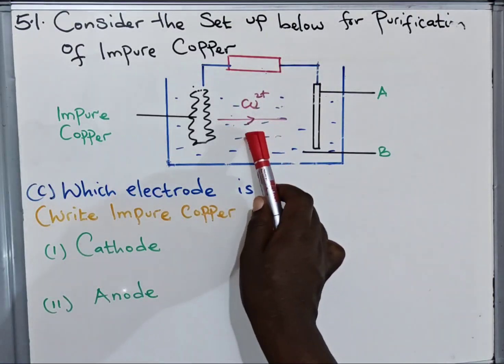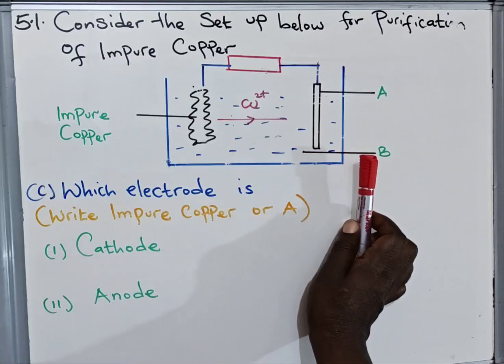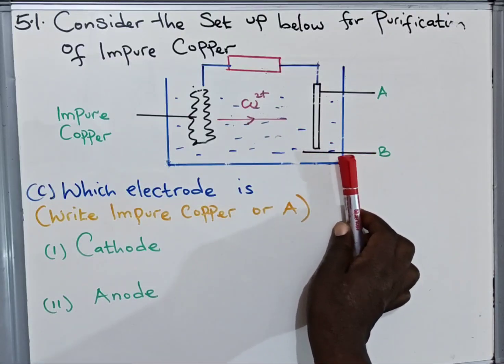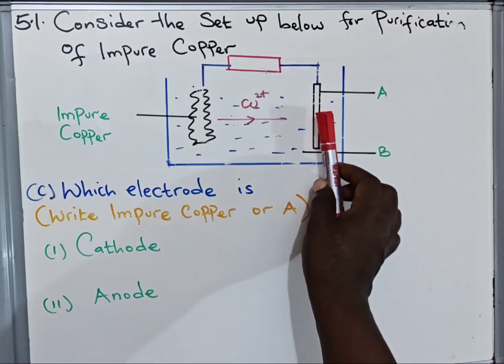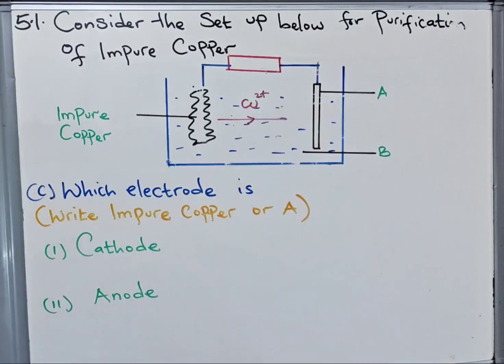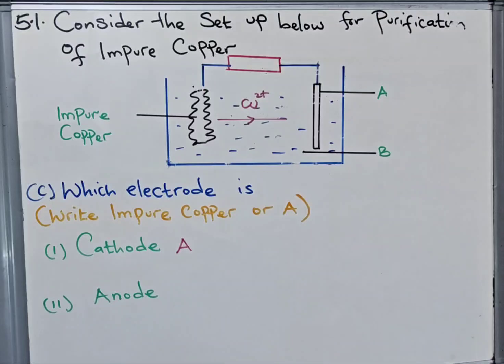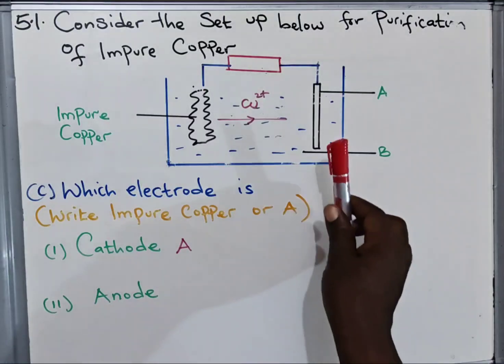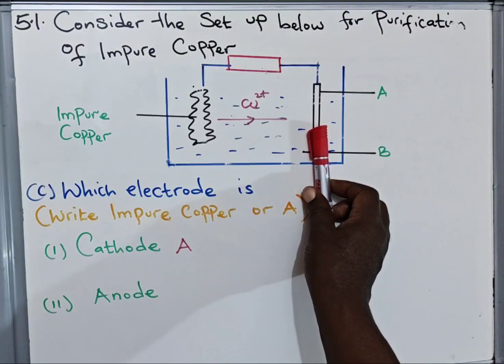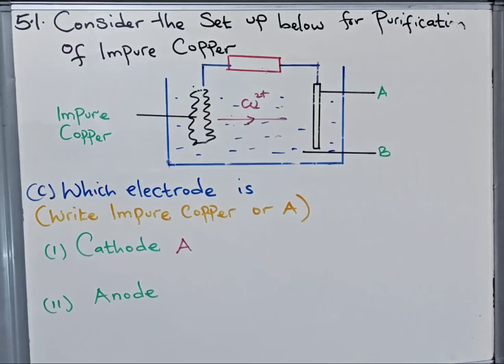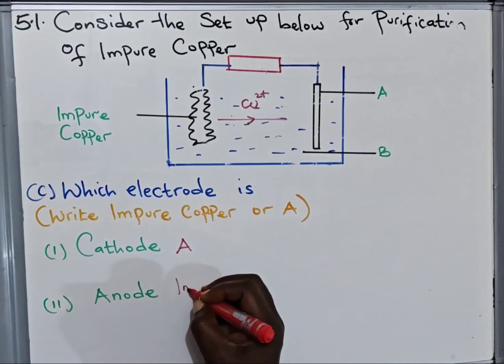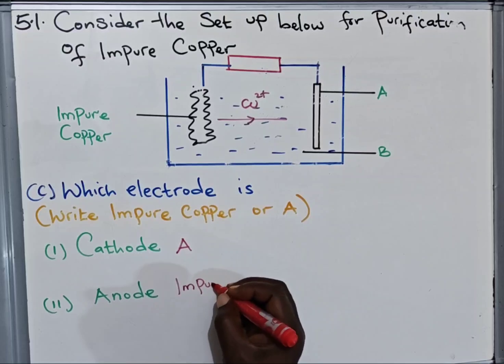And you have to know that cations move to cathode. So what does that mean? It means that A is cathode. And if A is cathode, then impure copper is obviously going to be anode.